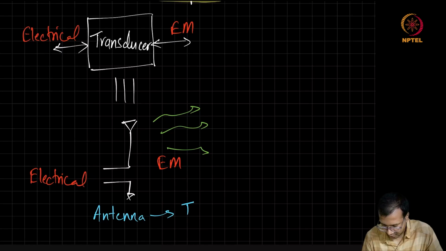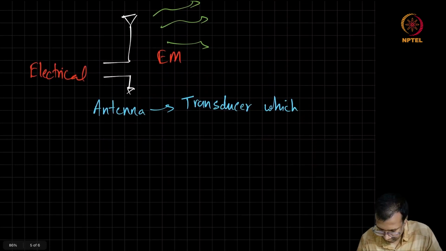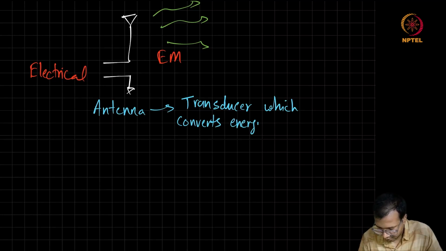Antenna is a transducer which converts energy between electrical and electromagnetic domain.